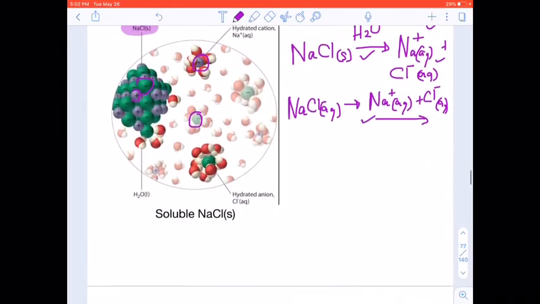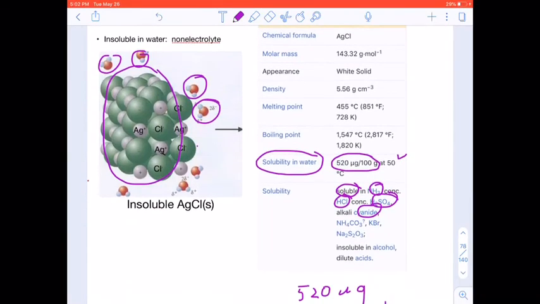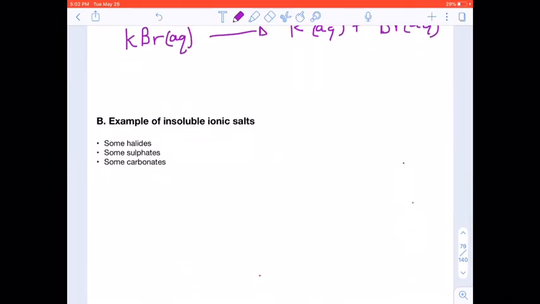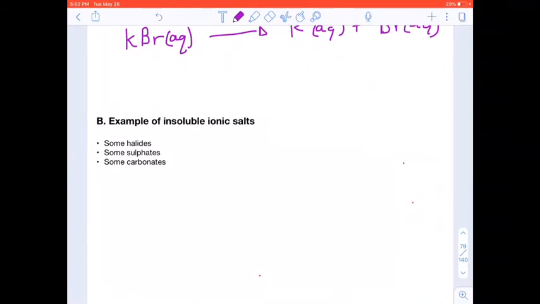So you go to the table and you see which of these are insoluble. So if we say AgCl, it's our salt, and in this case we say H2O, we still get AgCl solid, since these are insoluble ones. So AgCl is insoluble.